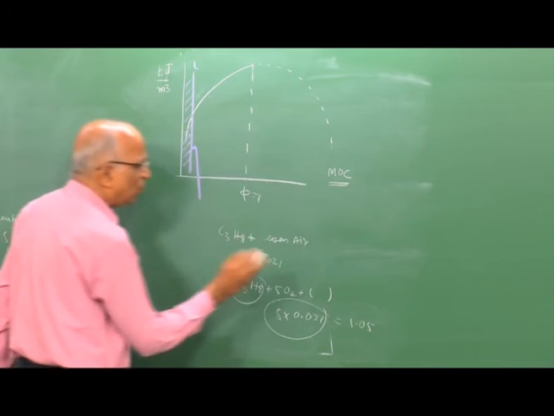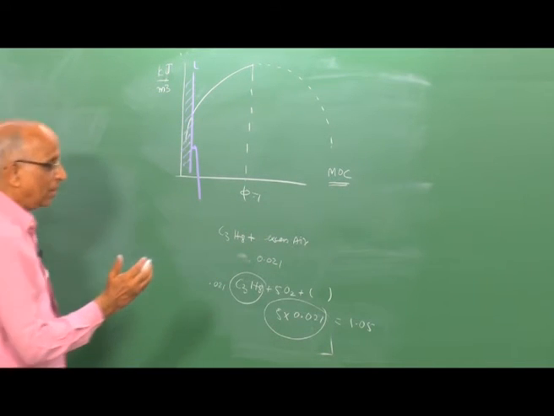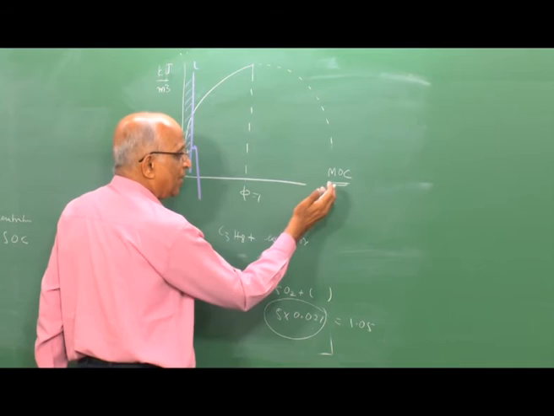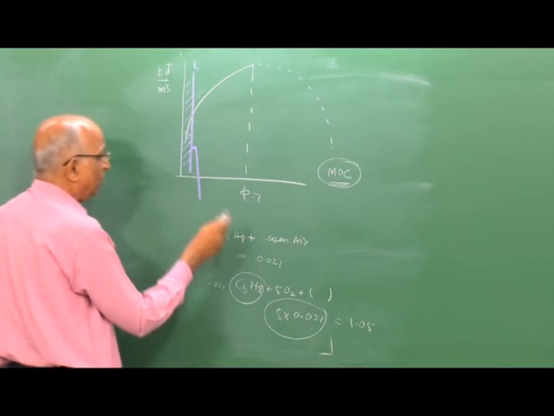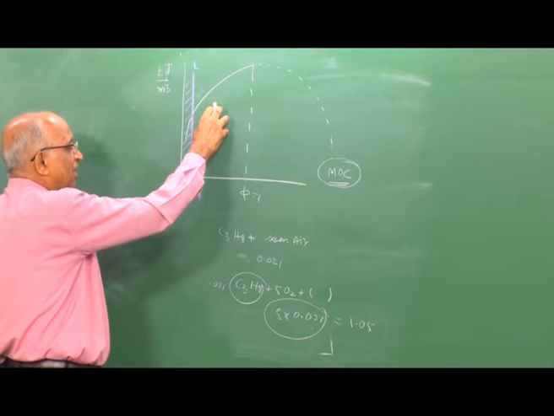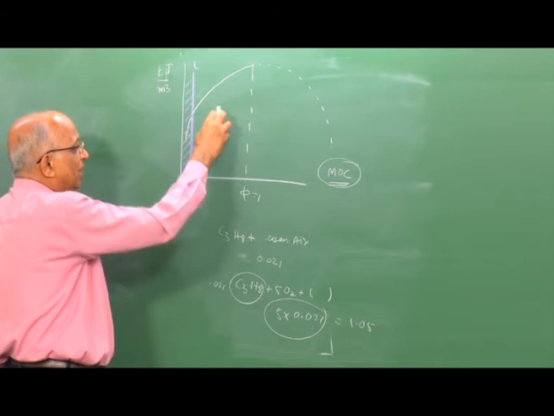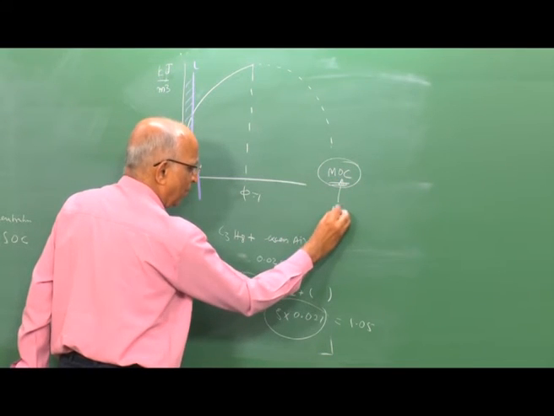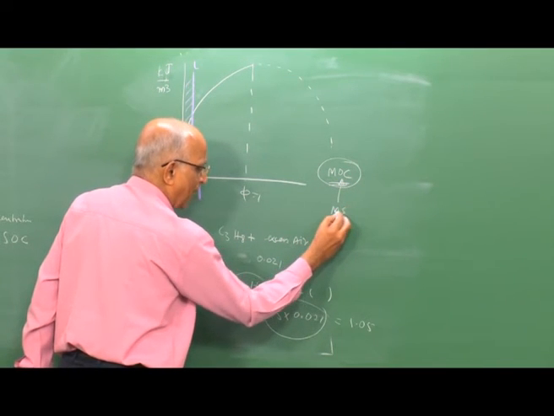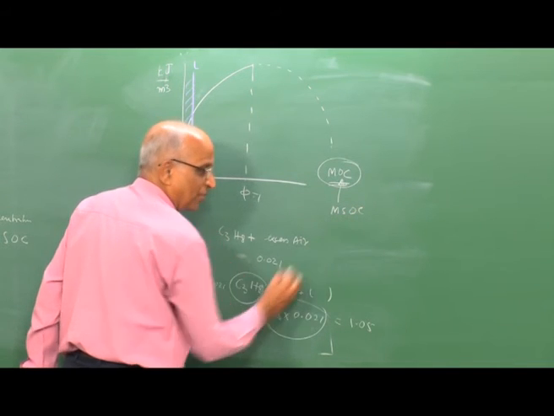It is a very useful tool which is used in the industry to add inert gases. That means you find out how much oxygen is available in a gas and how much inert must be added to bring it down to the minimum oxygen concentration, which we also call the maximum safe oxygen concentration.